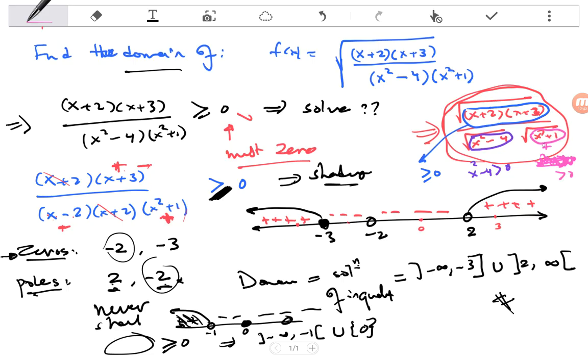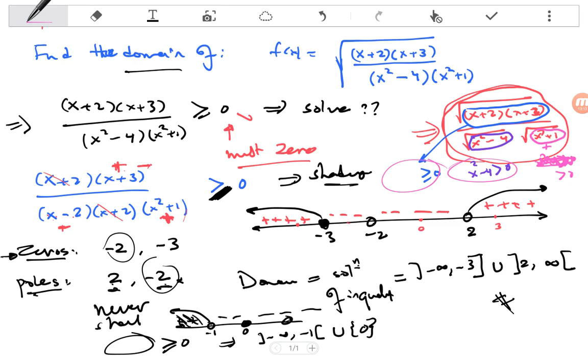But especially that expression, which is x squared plus 1, I know that this expression is always positive. So there is no problem for it to be inside the root. It doesn't make a restriction for me because we have known that any root should include only positive expressions, and these are the restrictions that we are making to find the domain.